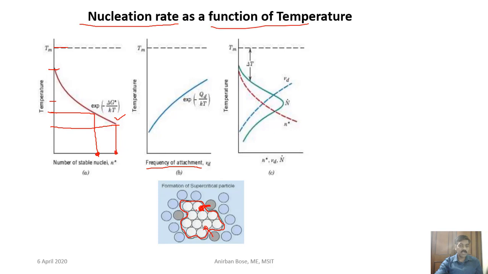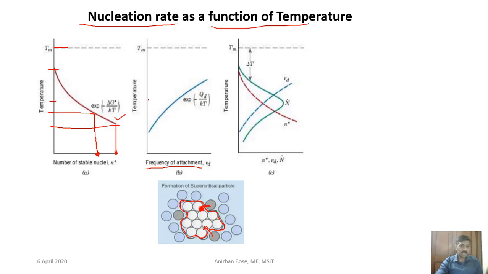So that diffusion rate again depends on the temperature. If the temperature is very high, then diffusion will be high. If the temperature is very low, diffusion will be less. So this is something kind of opposite phenomena that is happening.